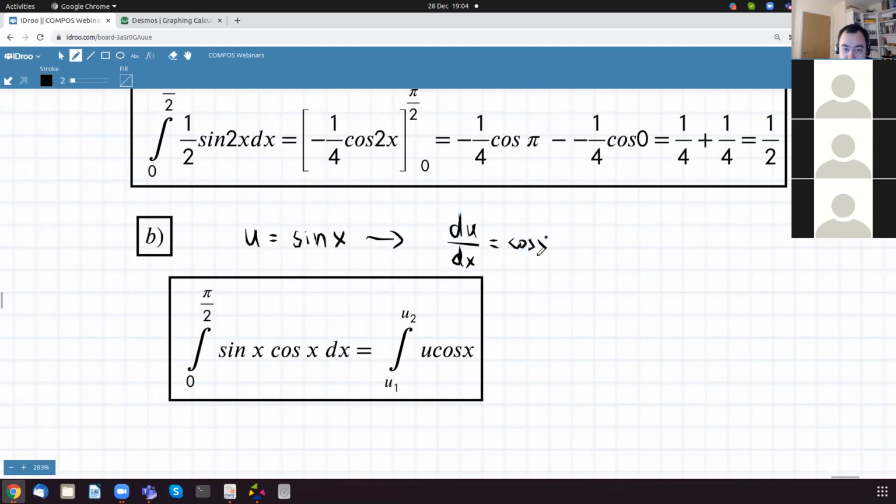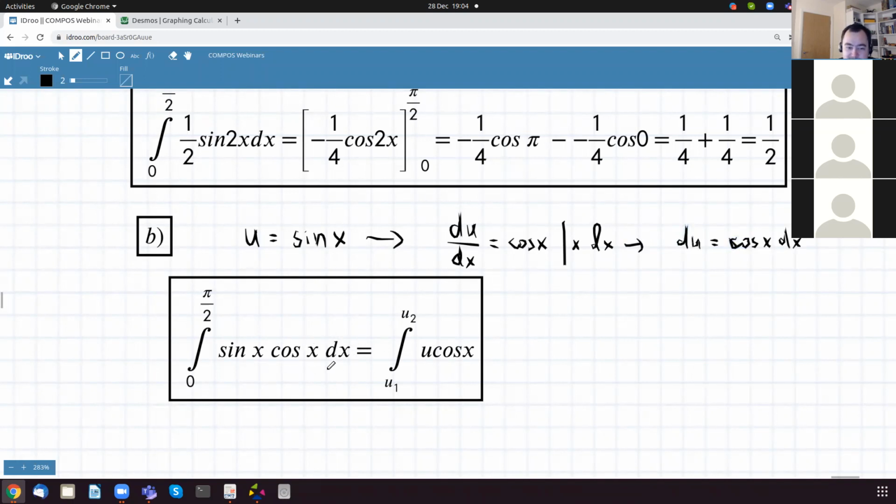And multiplying both sides by dx, I get that du is equal to cos x dx. Oh, but that looks familiar. Cos x dx.